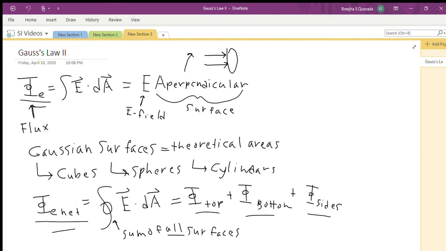But in reality, it's just any configuration in space. It could be a cylinder at an angle, or a cube tilted on one of its vertices. It really doesn't matter about the shape in particular, just that there's a top, a bottom, and sides.